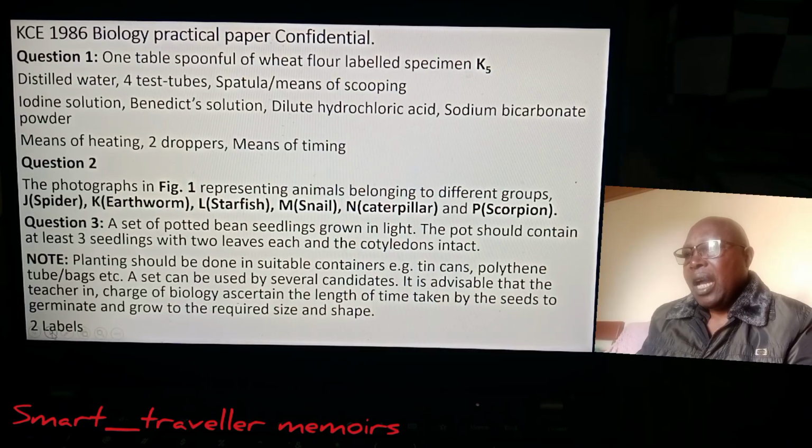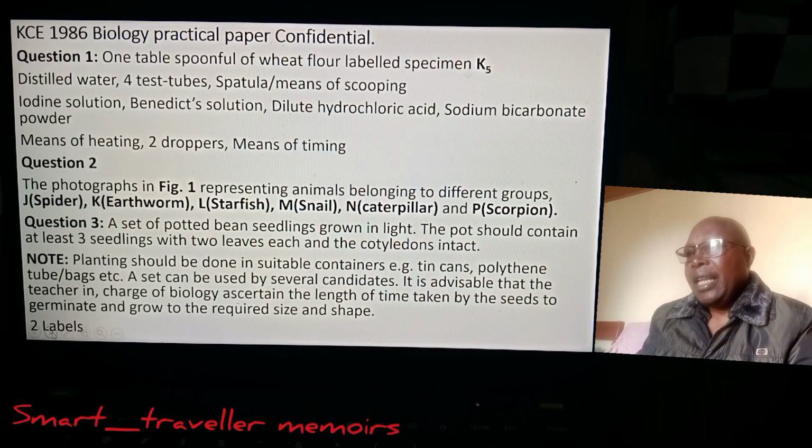J was a spider, K was an earthworm, L was a starfish, M was a snail, N a caterpillar, and P a scorpion.